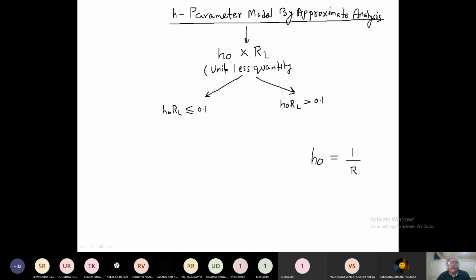You simply multiply the values and find its value. If its value is less than or equal to 0.1, then you have to use the approximate analysis.